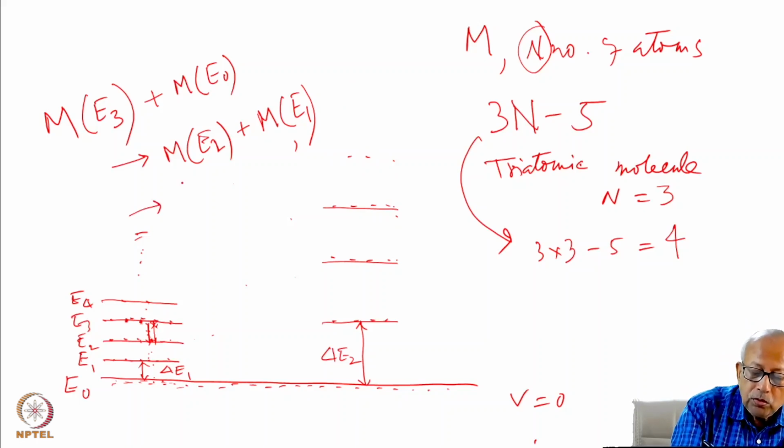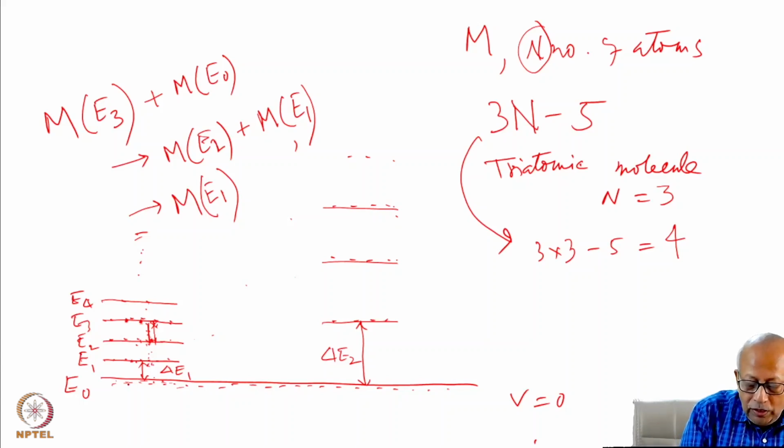Then Me2 will collide with another ground state molecule, that is Me0, and Me2 will come down to E1 state here, from here to here, and this much energy will again be absorbed by a molecule in M0, and because this energy and this energy are the same, it will climb up to this level.